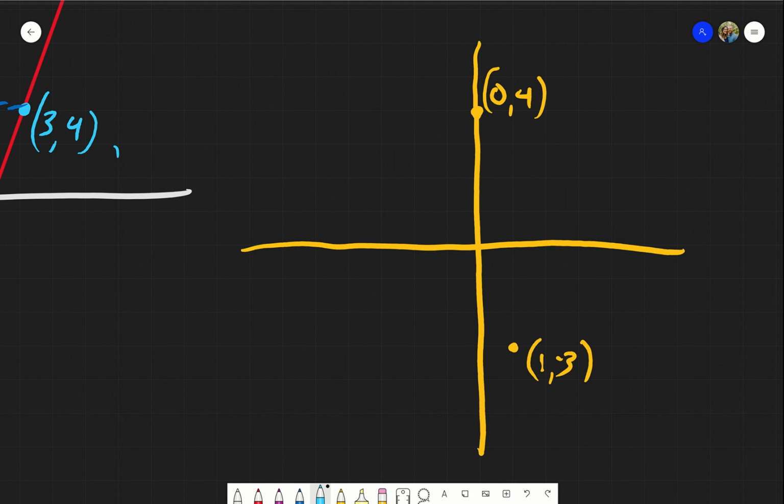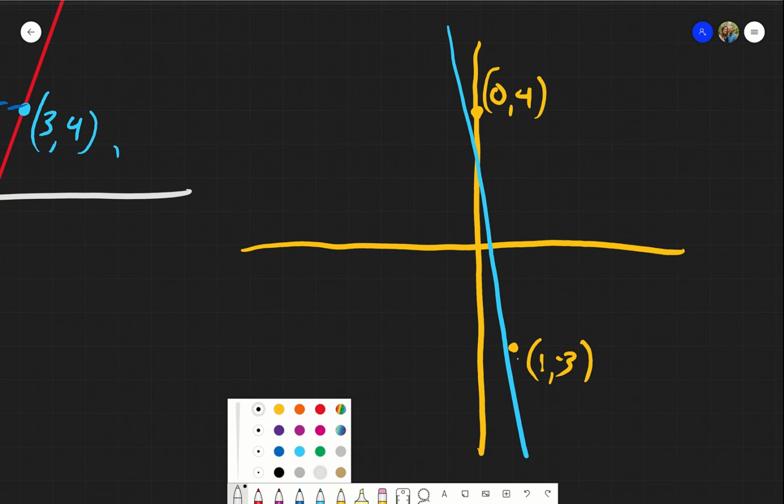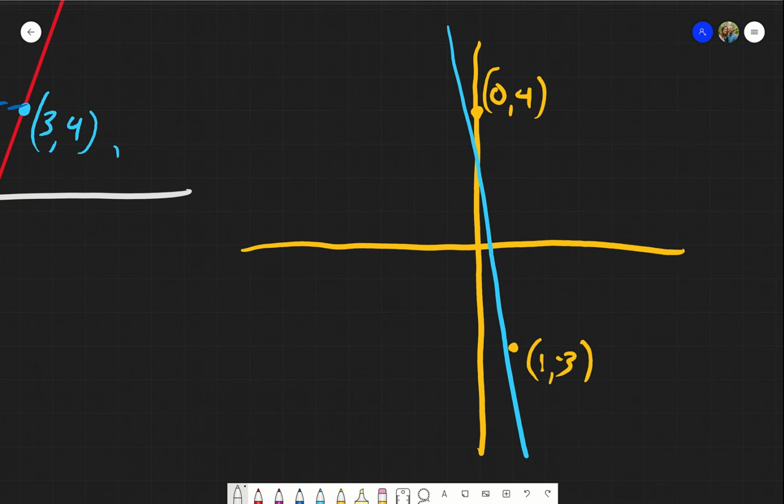And so this line is going to look something like that. So again, I can check and I can go up 1, 2, 3, 4, 5, 6, 7. Rise 7. Go backwards 1. This is a slope of 7.